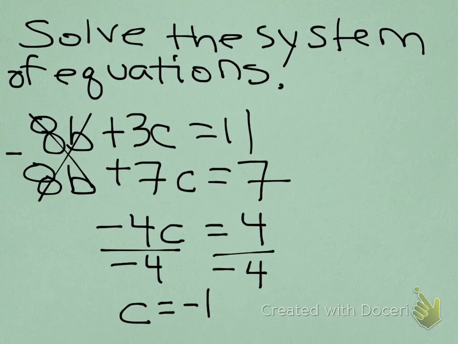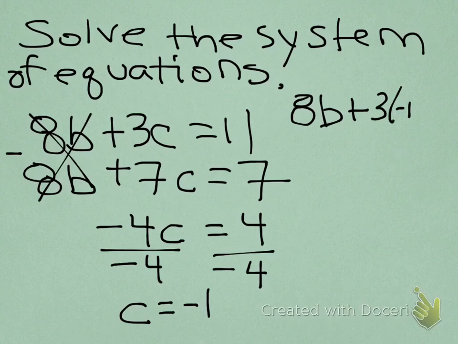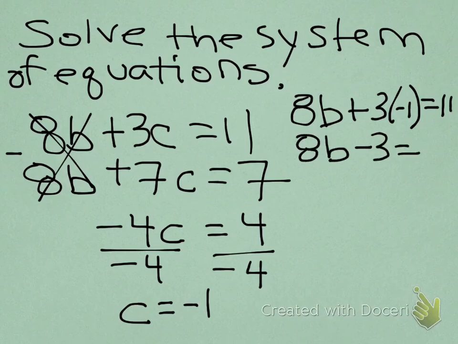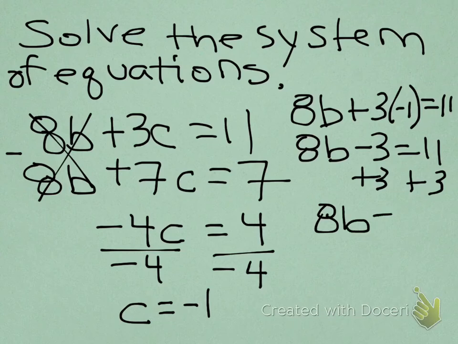Then I'm plugging that back into the C in either equation to find B. So I just chose the first one, doesn't matter though. Plugging in negative 1 for C, so I have 8B minus 3 equals 11. So 8B equals 14, and divide by 8.